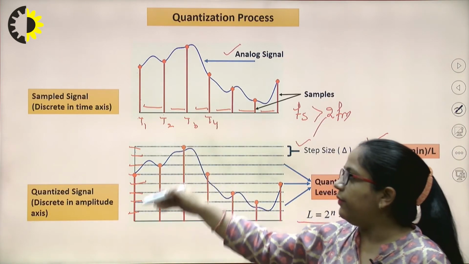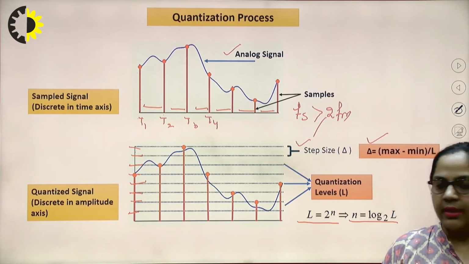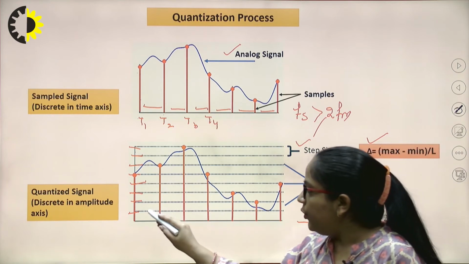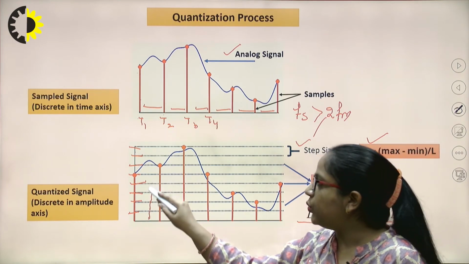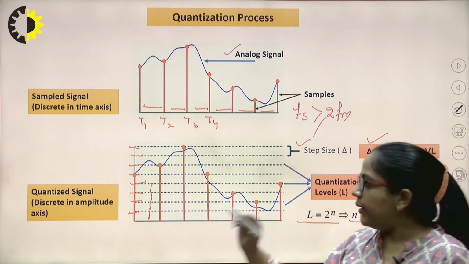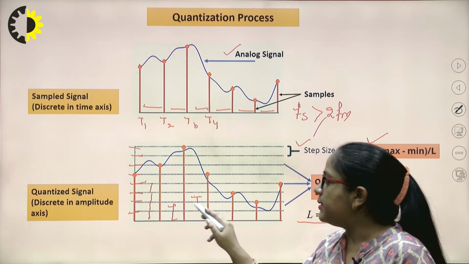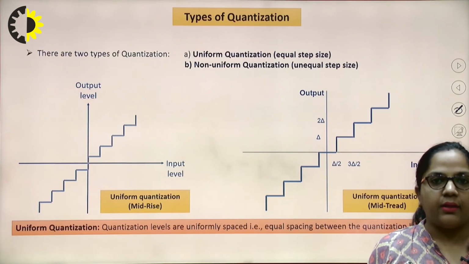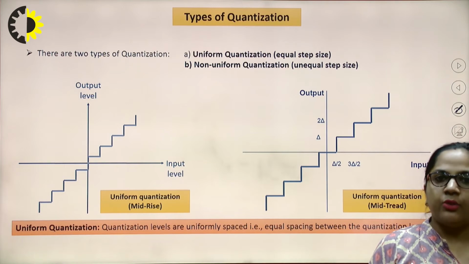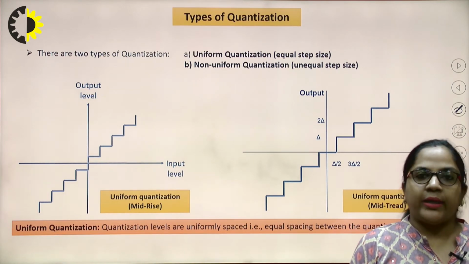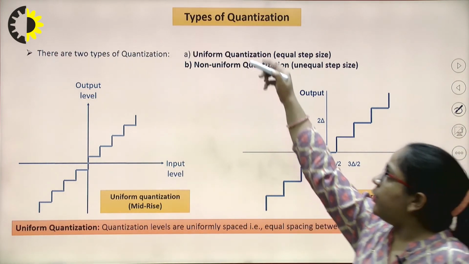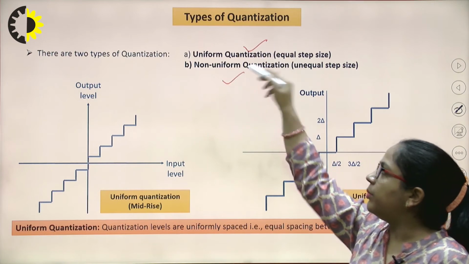This leveling we can do in two ways. Either we can decide a uniform gap between two adjacent levels, or a non-uniform gap between two adjacent levels. Depending on this, we can have two types of quantization: uniform quantization and non-uniform quantization.